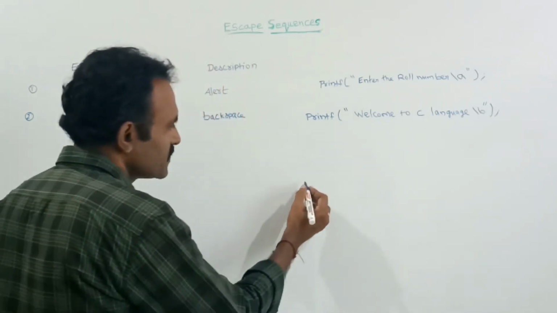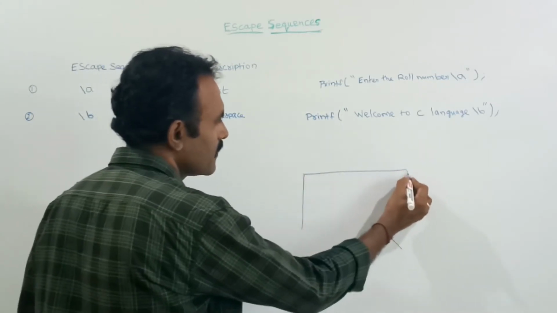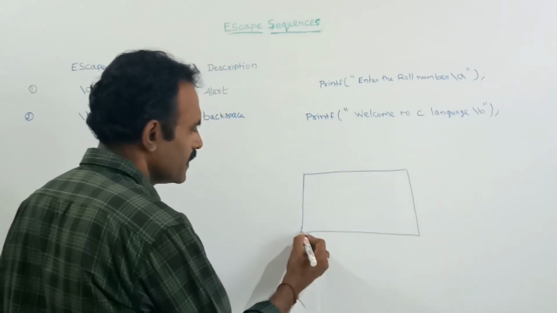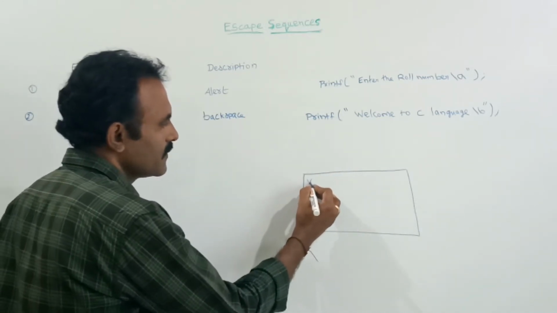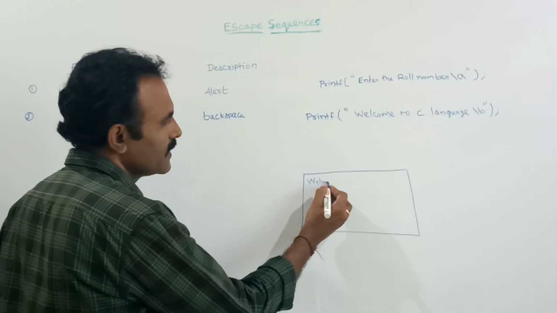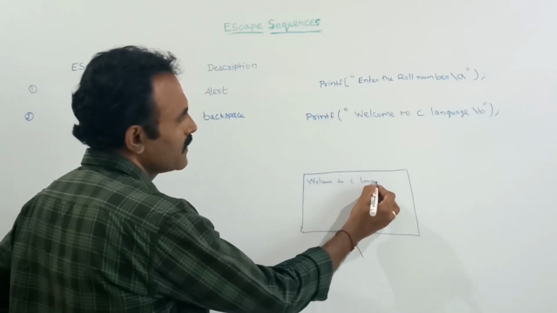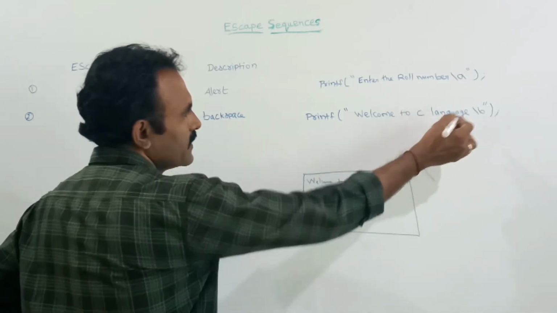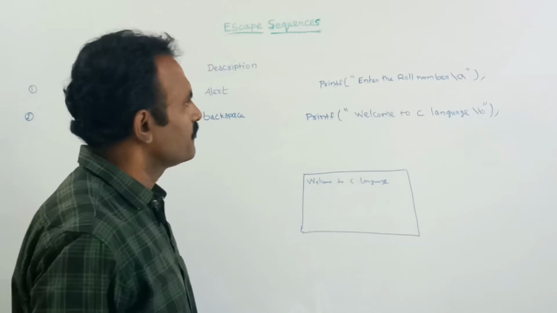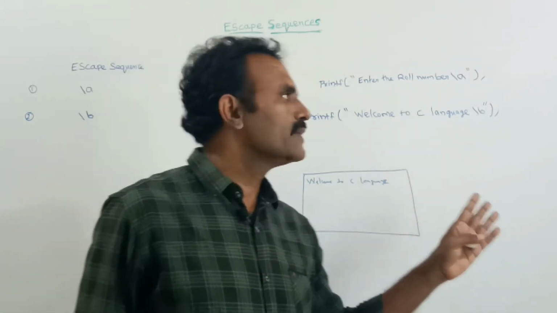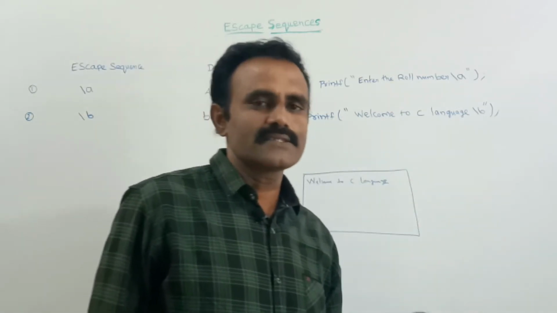Here, suppose this is the display screen. The output will be like this: Welcome to C language. Each time, if you are not using any escape sequence, the cursor will be at the end of the string.